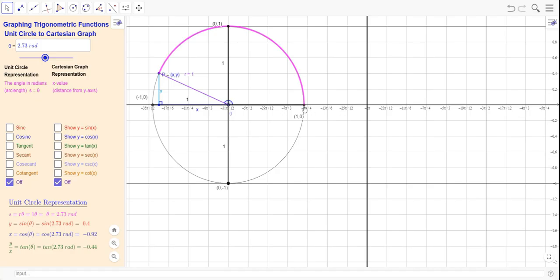And the path that the point (1, 0) takes along here is called the radian measure of that angle. So that arc of the unit circle is the radian measure of that angle.